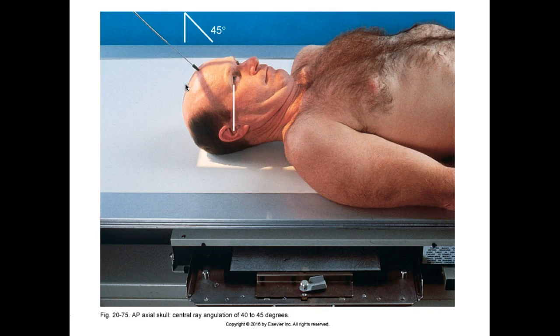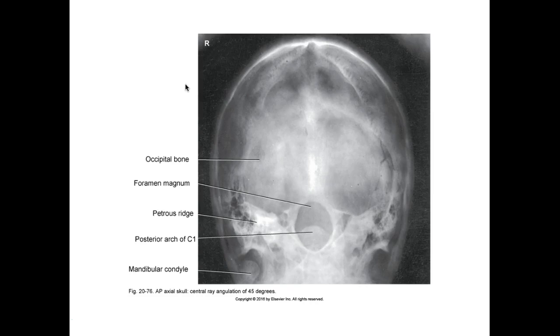So this is an angulation for trauma. To see the foramen magnum really well, we will sometimes angle between 40 and 60 degrees depending on what we want to see. So here, if you're at your OML and we go 45 degrees, we have a lot better view of the occipital bone and the foramen magnum.